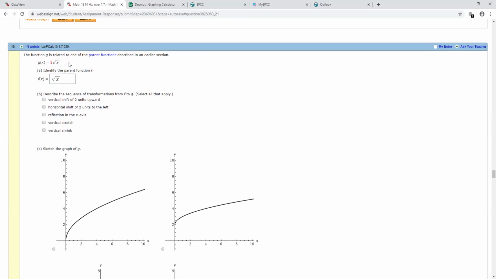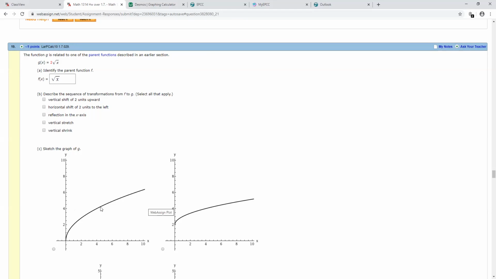times 2. But is it inside the function, Griselda, next to the x? No, sir. So that means it's not a horizontal dilation. It's not taking the points and moving them closer to the y-axis, which would be shrinking, or away from the y-axis, which would be a stretch. Not a horizontal stretch and not a horizontal shrink. Is that okay? Okay.